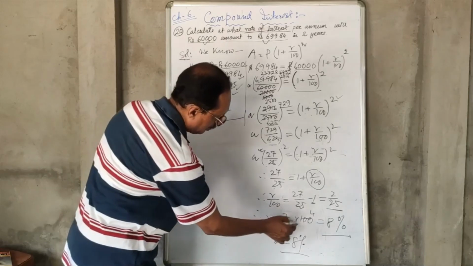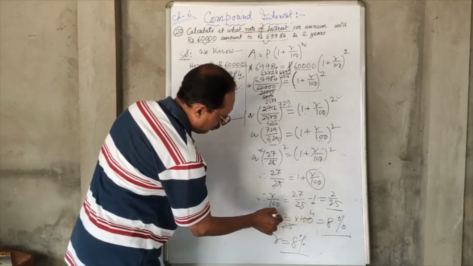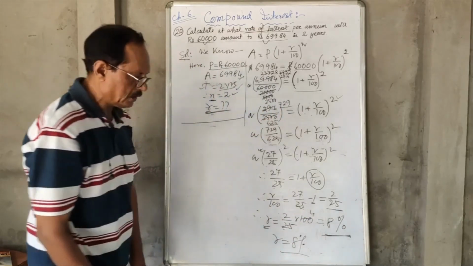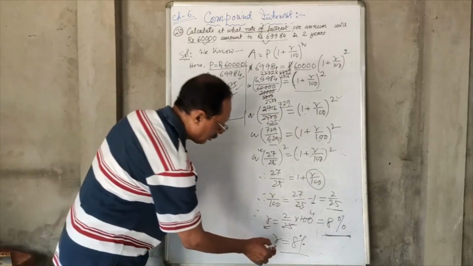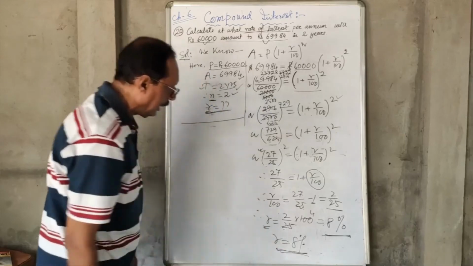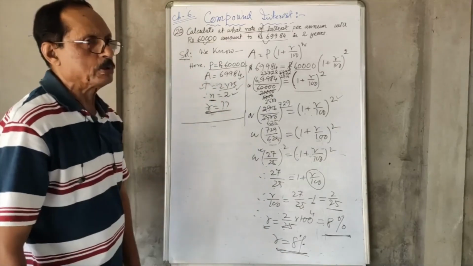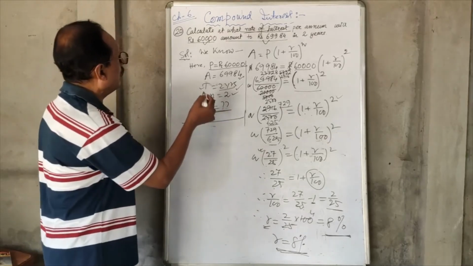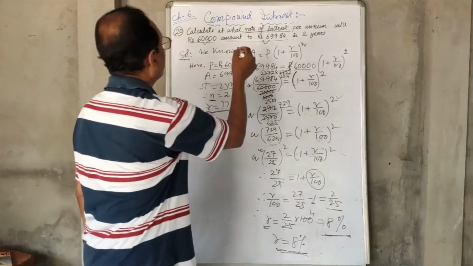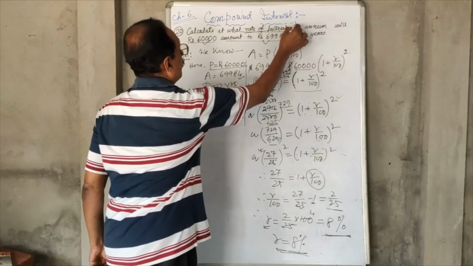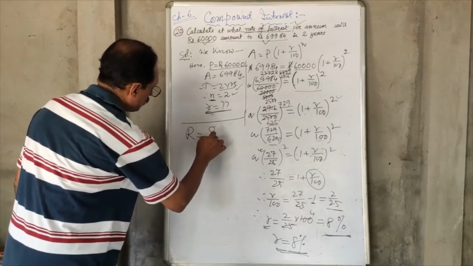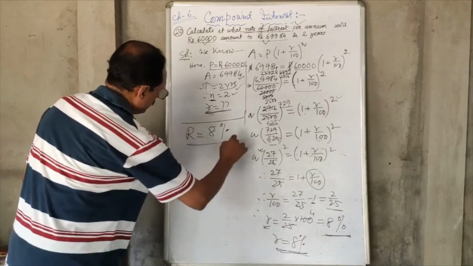Cutting by 25, it is 4, so 4 into 2 is 8%. The rate of interest per conversion period is 8%, and as it is compounded annually, the rate per annum, that means R, will also be 8%. Thank you.